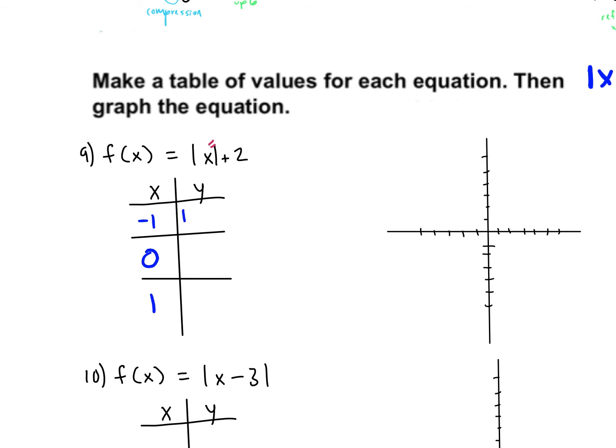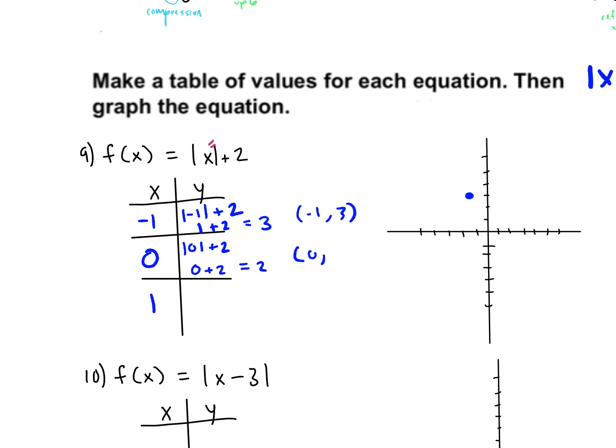All right, so we need to take the absolute value of -1. What's the absolute value of -1? 1. And 1 plus 2 is 3. So when I plugged in -1, I got 3. So I'm going to go to the left to -1, up 3. There's my first point. Next, I'm going to plug in 0. What's 0 plus 2? 2.